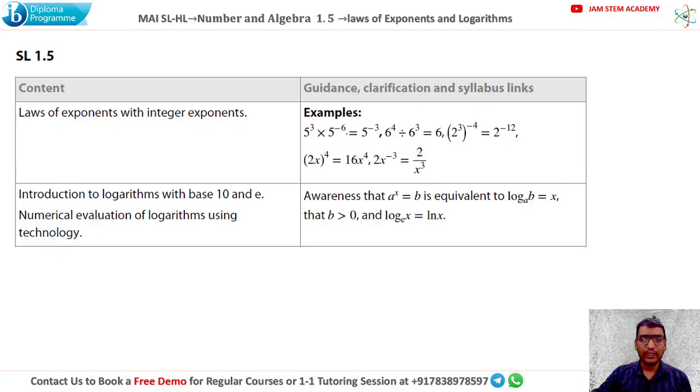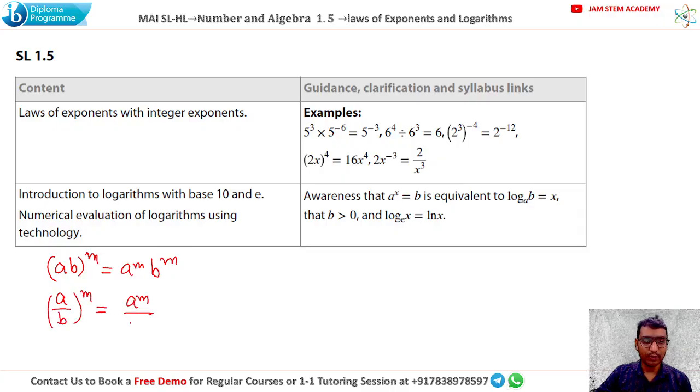As you are already familiar with the laws of exponent: if you have (ab) whole raised to the power m, then it becomes a^m b^m. Or if you have (a/b) whole raised to the power m, you can rewrite it as a^m over b^m, in both ways.